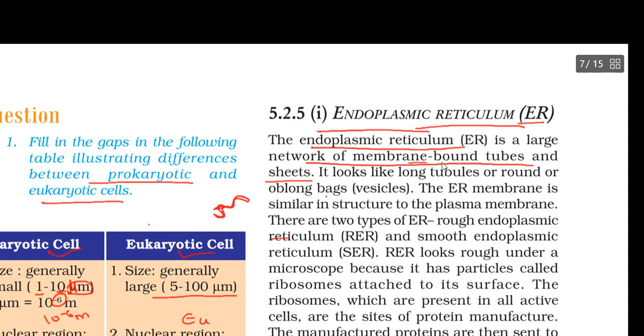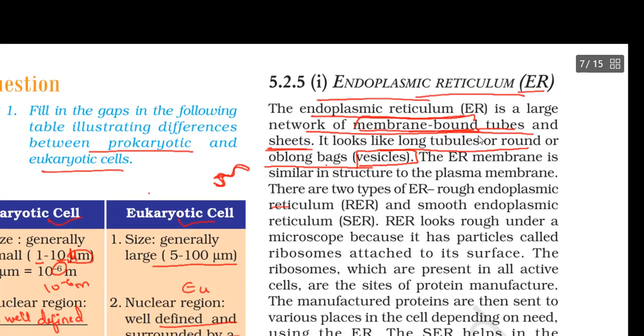Membrane bound tubes are tube-like structures, and sheets will be there, and membrane bound means an outer covering will be present. It looks like long tubules or round or oblong bag-like things called vesicles.